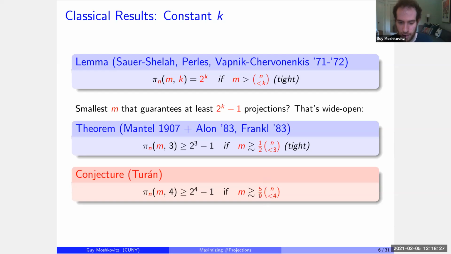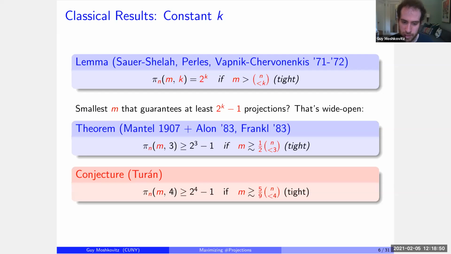The conjecture is that the right answer should be 5/9 times the Sauer-Shelah bound. This would be tight if true. And that's a long-standing open question. No hope of solving this with current technology, I guess. So what I'm trying to say here is that even if k is very small, say k equals 4, you already get an open question.